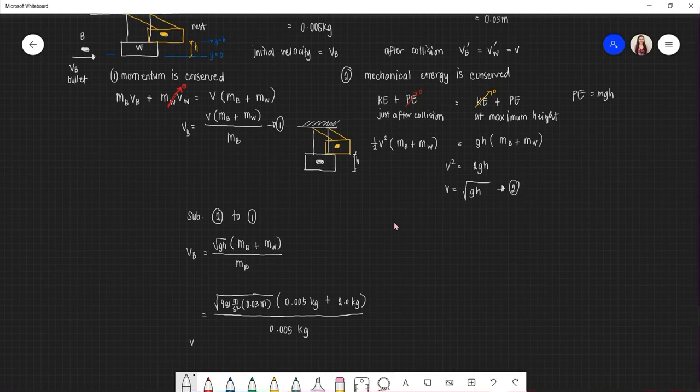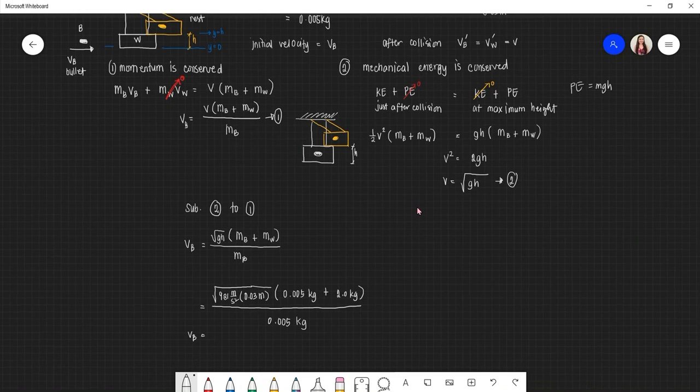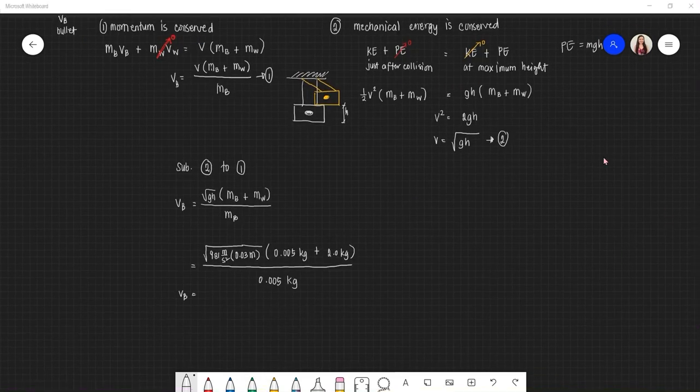So therefore, the velocity of the bullet when it was fired, let us just solve that using our calculator: 0.005 plus 2 times the square root of 9.81 times 0.03 divided by 0.005. Wait, something is missing.